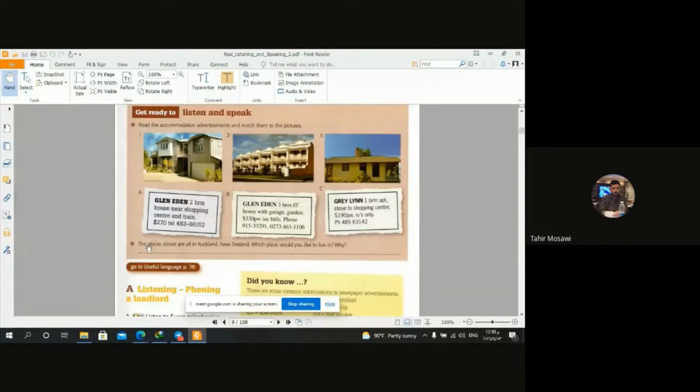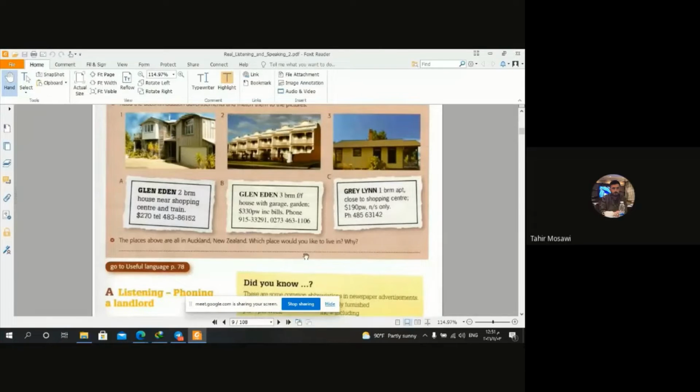Here it asks a question about the place, saying that the places above are all in Auckland, New Zealand. Which place would you like to live in?